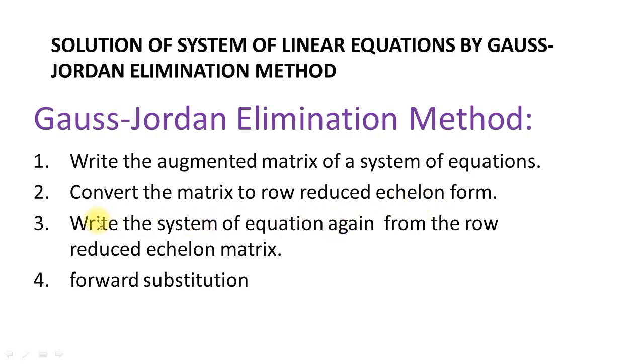And then at the end, when we obtain the row reduced echelon form of the augmented matrix, write the system of equations again from that row reduced echelon form. And at the end, using forward substitution, find the solution of the system of linear equations.